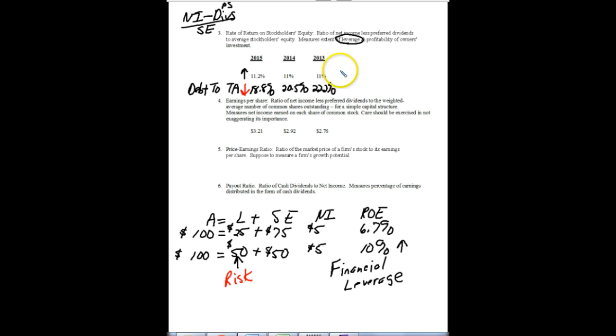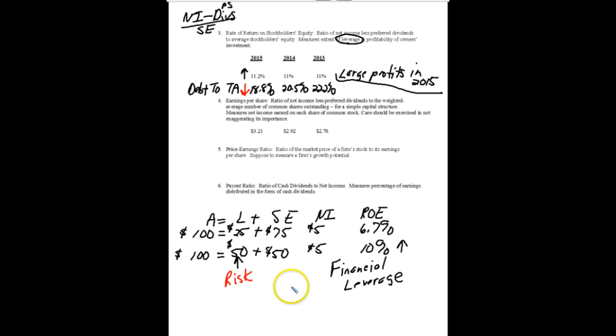So I would conclude this went up because profits went up. What contributed to this increase in return on stockholders' equity was the extra large profits in 2015. It was not caused by financial leverage, which is normally the case.